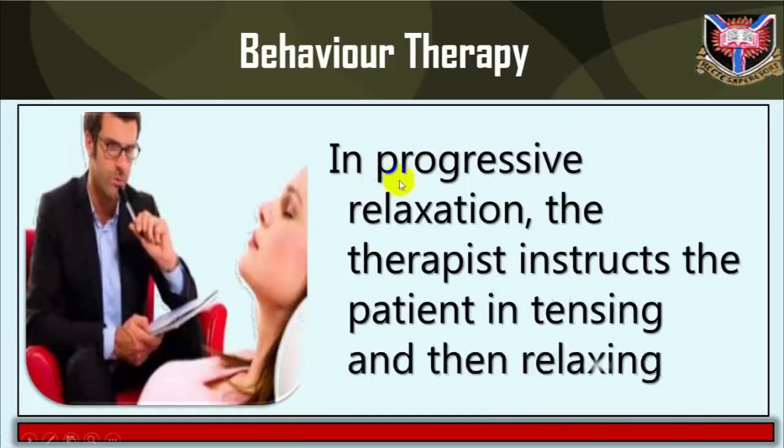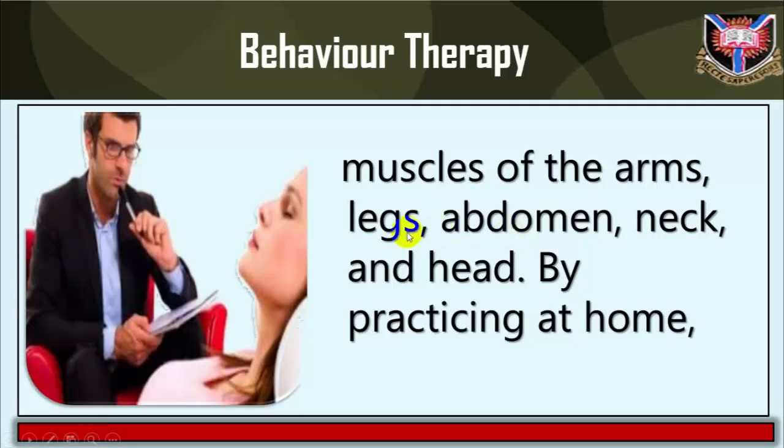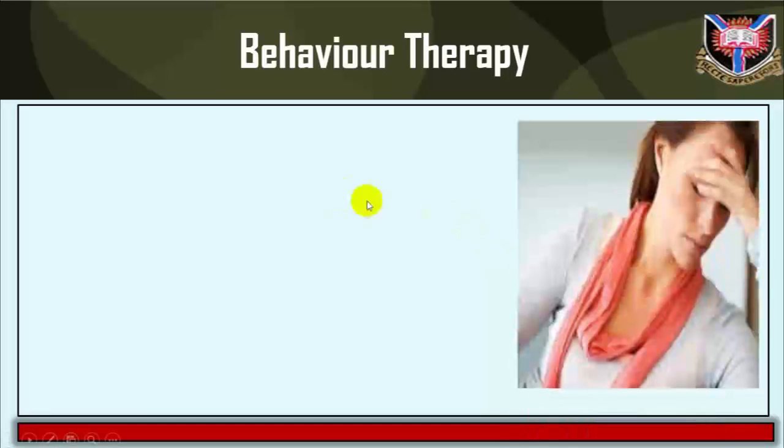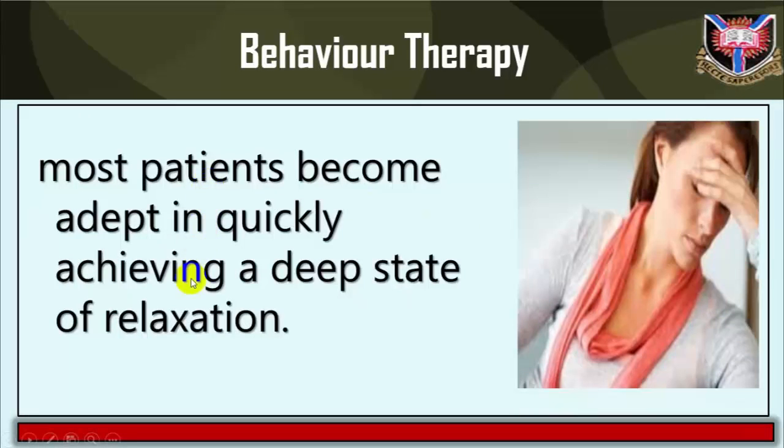In progressive relaxation, the therapist instructs the patient in tensing then relaxing muscles of the arms, legs, abdomen, neck, and head. By practicing at home, most patients become adept in quickly achieving a deep state of relaxation.